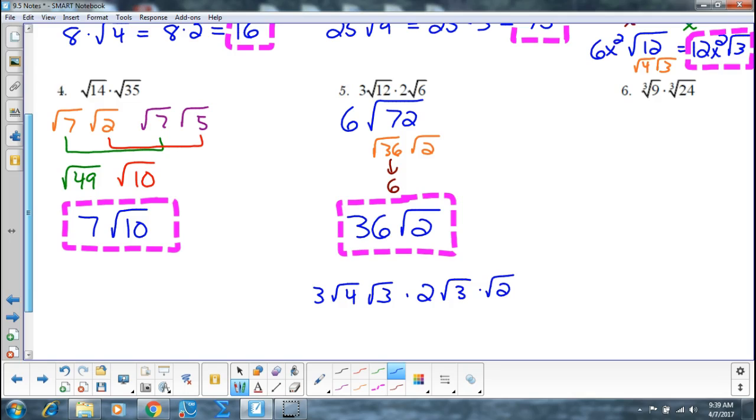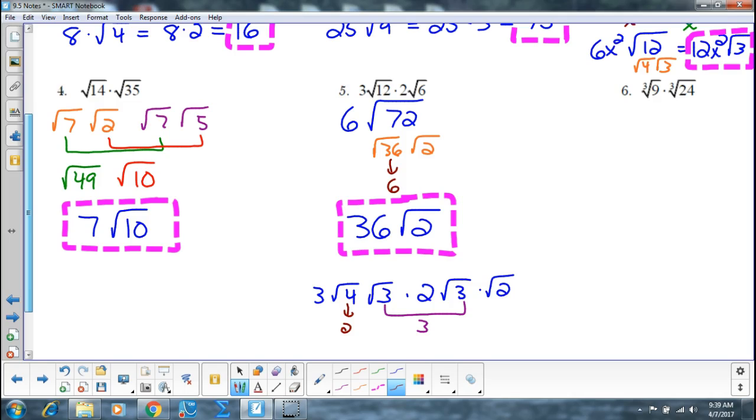With me? Because then the square root of 3 and the square root of 3 here make me a 3 on the outside. And that one becomes a 2. So 3 times 2 is 6, times 3 times 2 is 36, times the square root of 2.